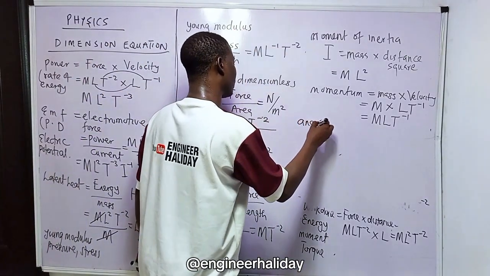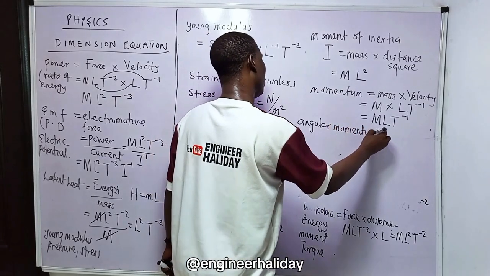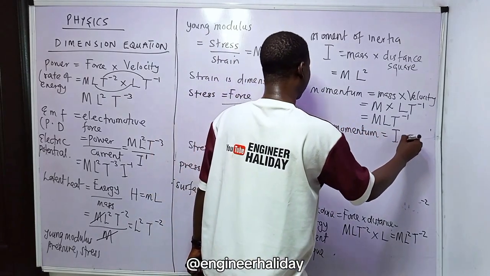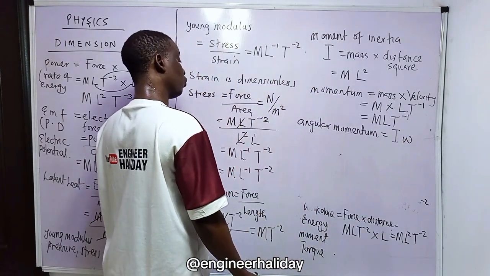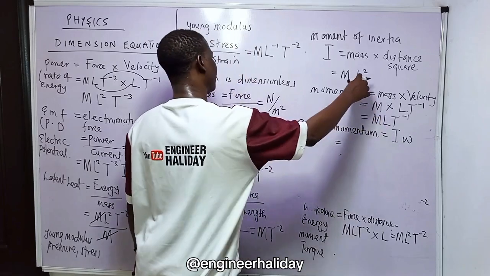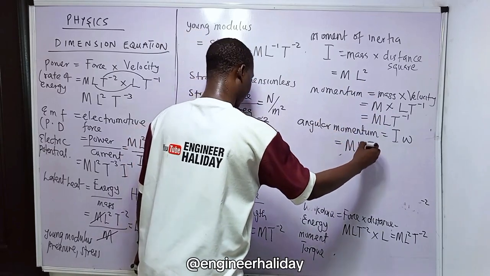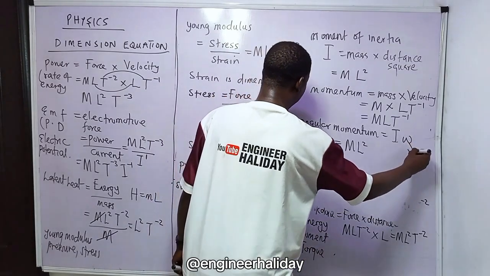What is angular momentum? Angular momentum is equal to moment of inertia times angular velocity. I told you before now. What is the dimension for moment of inertia? ML squared. Angular velocity is what? Rad per second.